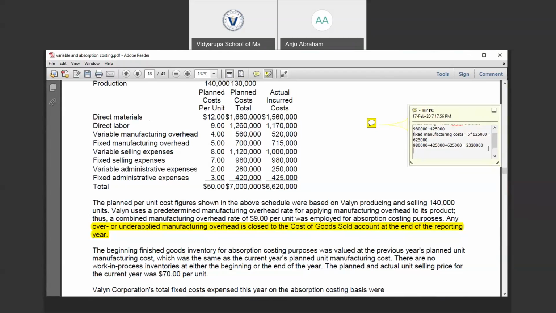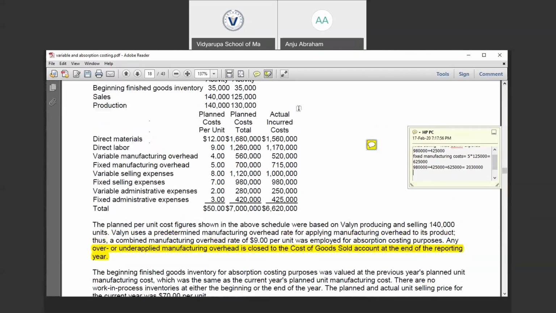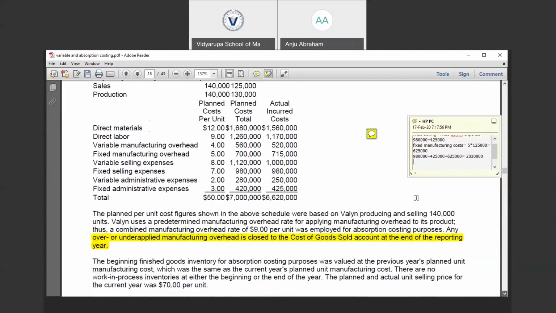So let's check what will be the manufacturing overhead to be applied to production. So our planned production level was 130,000, right? So this 130,000 into 5 is going to be the manufacturing overhead, that is 650,000.